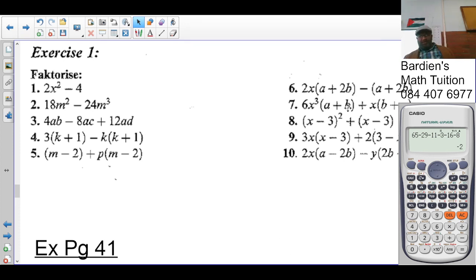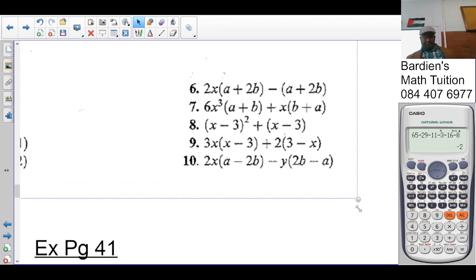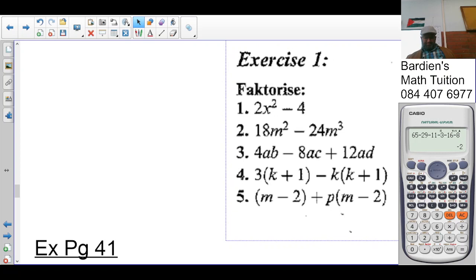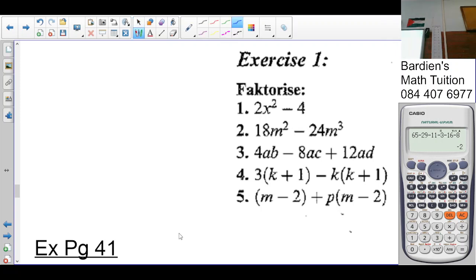Just look at the first column. Right, the first one. We got 2x squared minus 4. The question says factorize. Let's factorize in Afrikaans. Same. Right, what do we do?